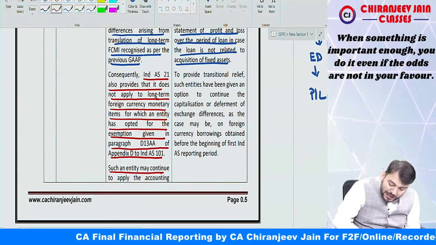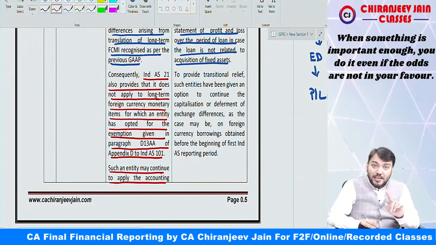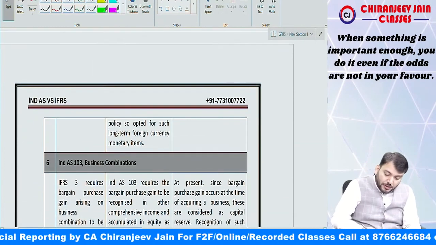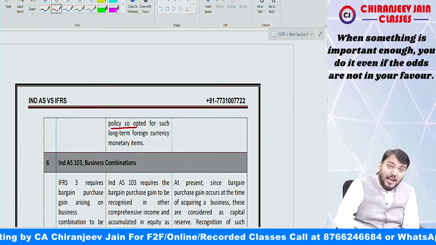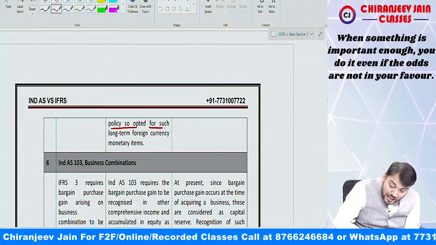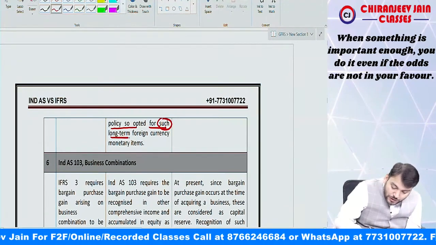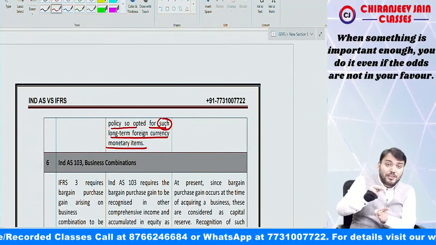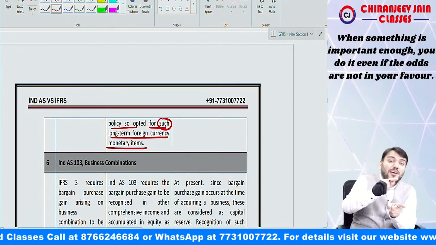Correct. Such an entity may continue to apply the accounting policy so opted as per previous GAAP for such long-term foreign currency monetary items, that is, for which options were exercised.